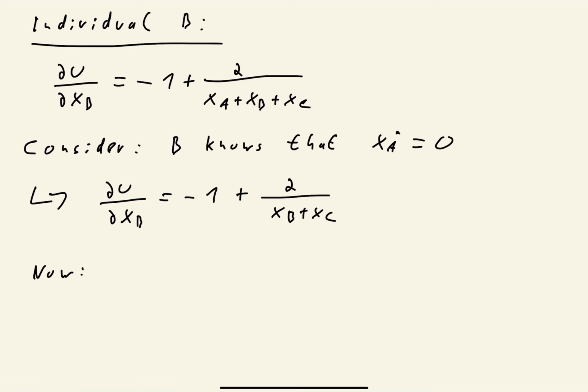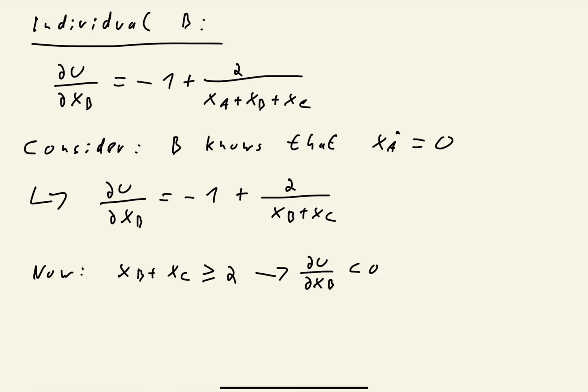So if the sum of xb plus xc is weakly larger than 2, then his marginal utility is negative.